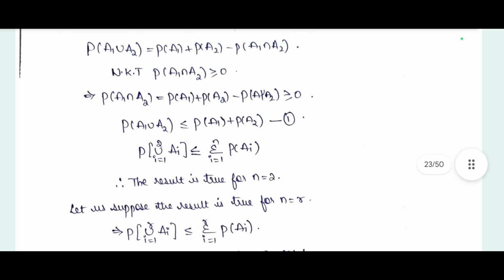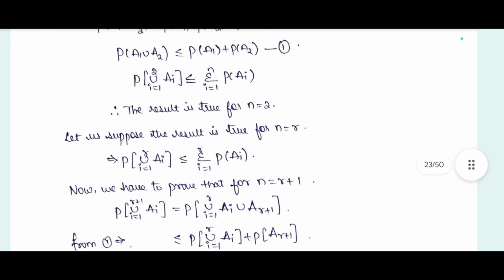This value is moved to the right hand side, then you will get P of A1 union A2 is always less than or equal to P of A1 plus P of A2. Put this as equation number 1. So the summation will remain the same. This result is true for n equals 2.